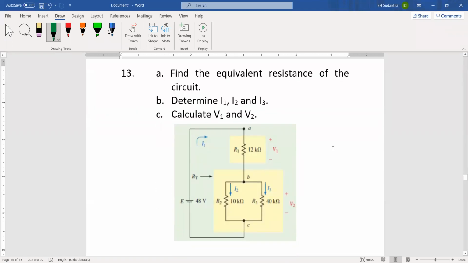Now we can try a different question. Now we have three resistors there.